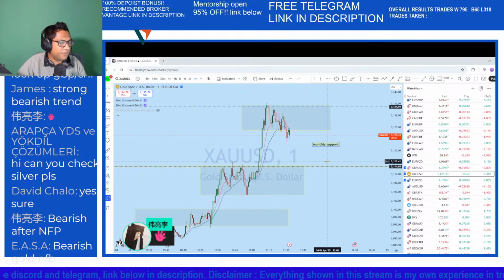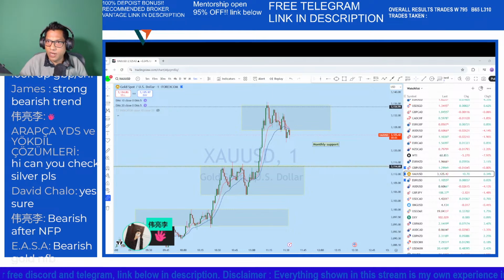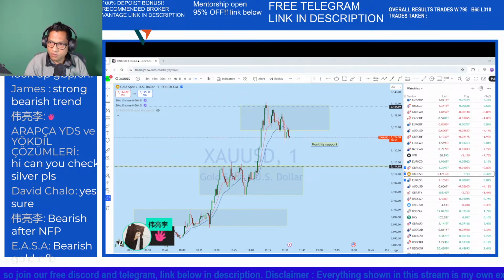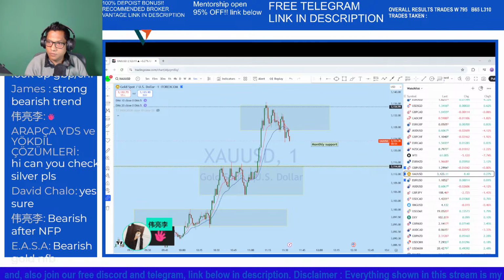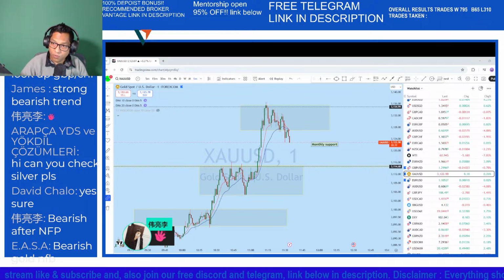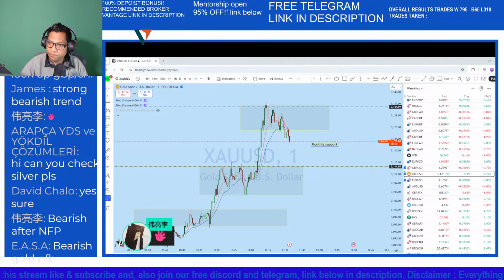So from the daily perspective, this is the daily support, and with that daily level, gold may drop below the daily support.